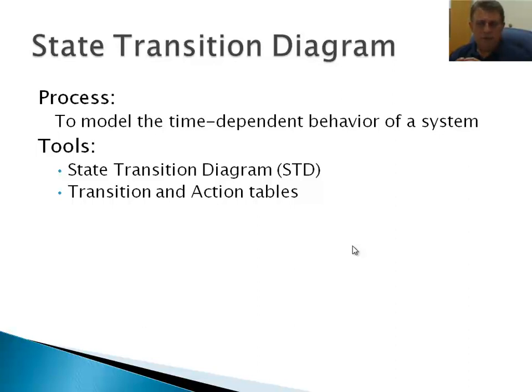What are the tools? We create a state transition diagram, and we also write transition and action tables, meaning what caused an action, or what external event may cause a certain response from the system, and what kind of response we expect from any kind of event.